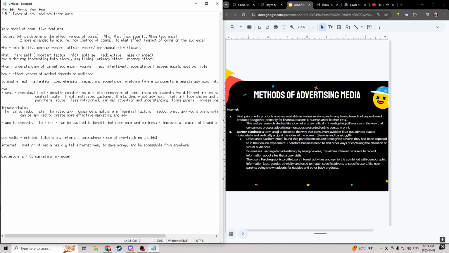Banner blindness is a term used to describe the way consumers avoid or filter out adverts placed horizontally and vertically around the sides of the screen.